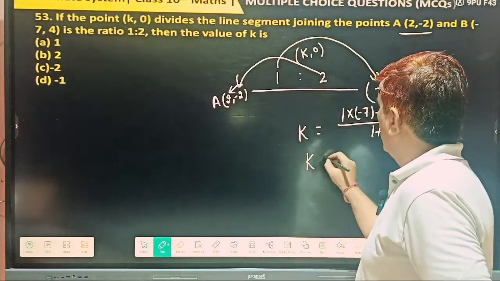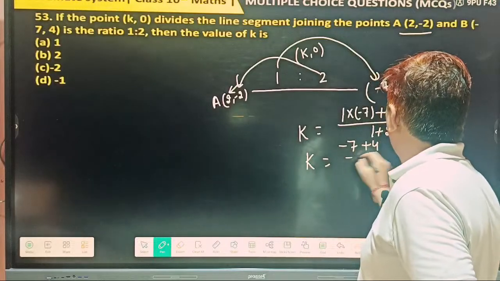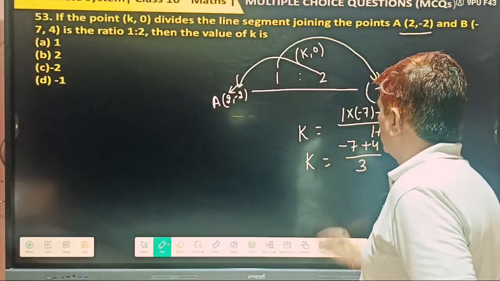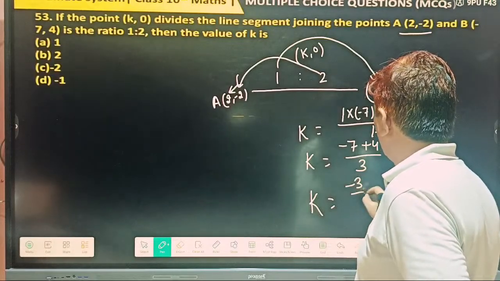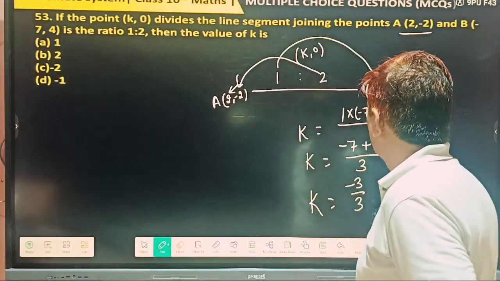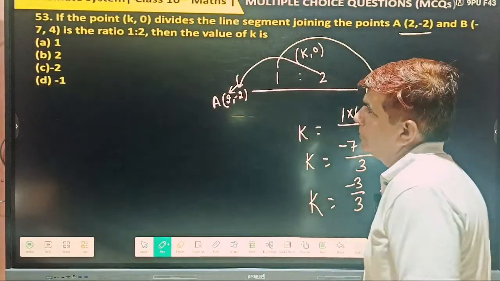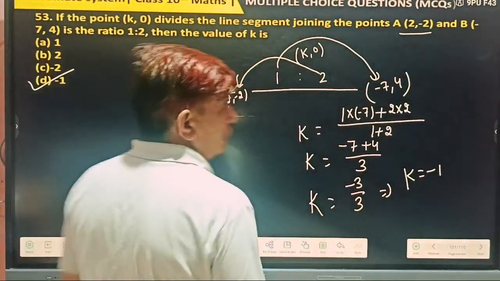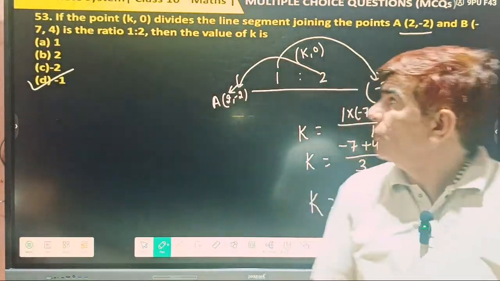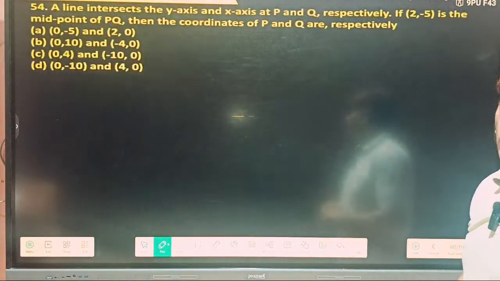So K equal to minus 7 plus 4 by 3. So K equal to minus 3 by 3. So what's the value of K? K equal to minus 1. Where given? D part B. A simple formula we have to use in it. No problem related to this.